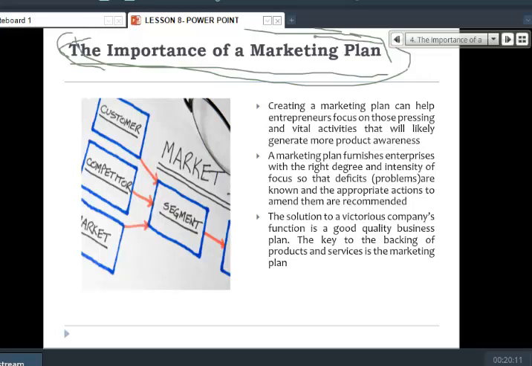If I give you this essay question on the final exam, I can see that some students write only that a marketing plan furnishes the enterprise a solution to victorize the company function. This is one element, but I'm not going to give you full marks. You are going to lose a lot of marks. So when we talk about the essay question, you need to write a full answer.